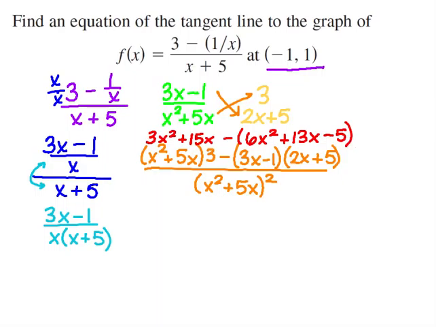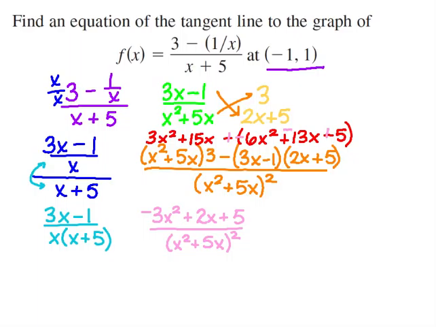So now I'm going to distribute my negative. So really I get negative 3x squared plus how many x? 2 plus 5. And then all of that is over x squared plus 5x squared. Now that's the derivative.